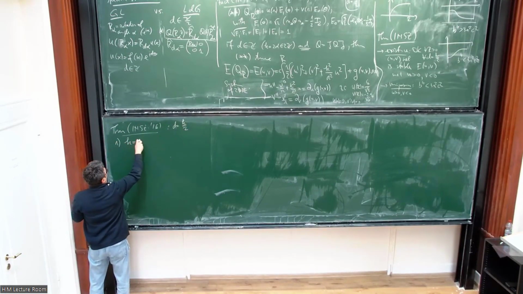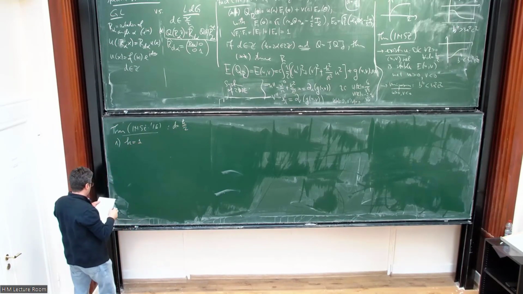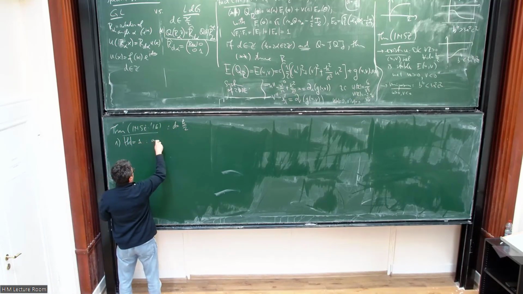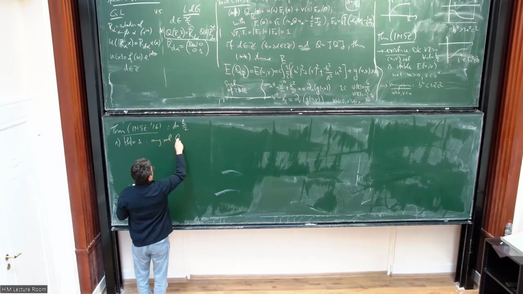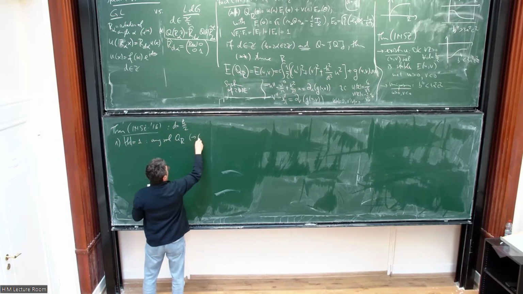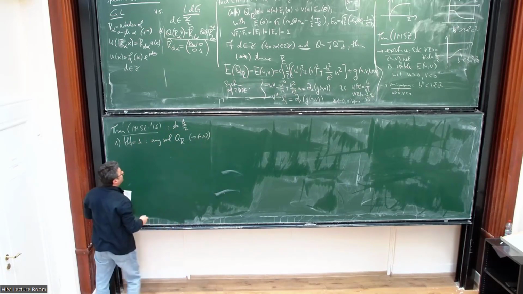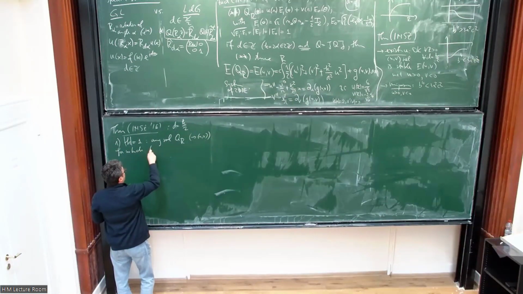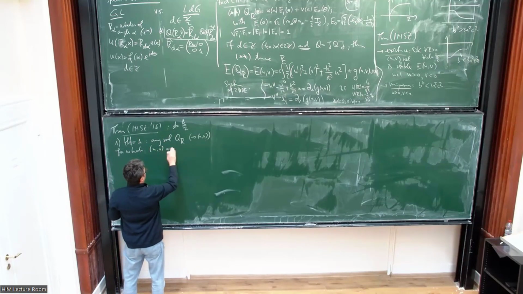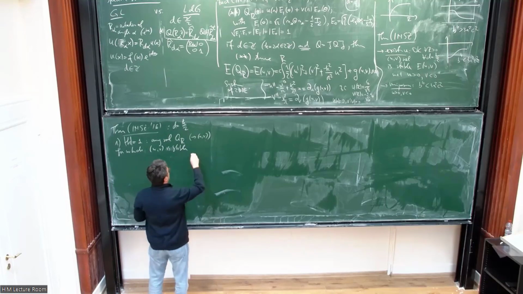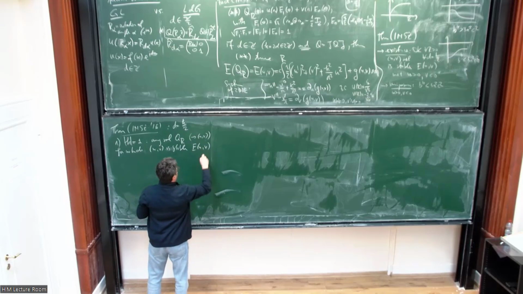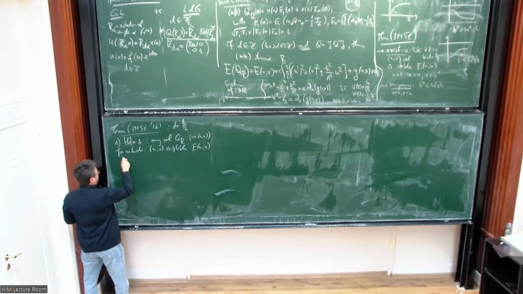If K is 1, let's do only positives, then any solution Q_R, which will come from some U and V, for which U and V is stable in the radial class, and of course it has that sign.